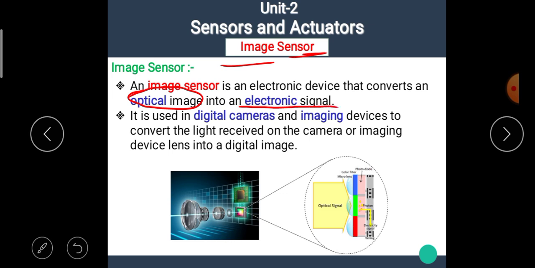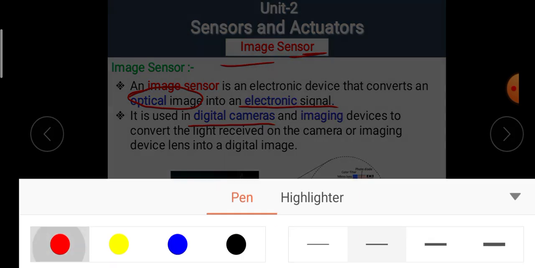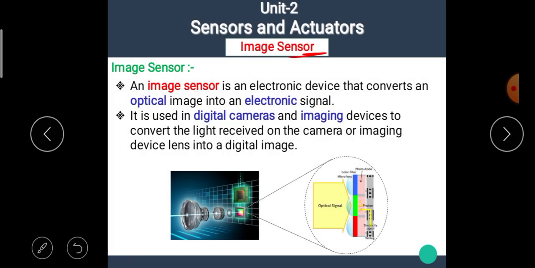It is used in digital cameras and imaging devices to convert the light received on the camera or imaging device lens into the digital image. We know that the image sensor is used mostly in cameras, which may be placed on a cell phone, a smartphone, or any digital camera. Okay.